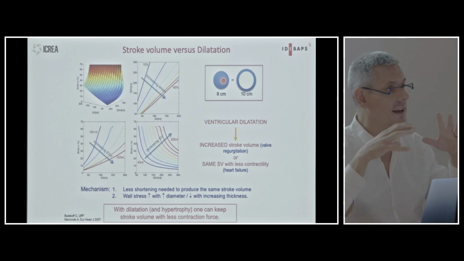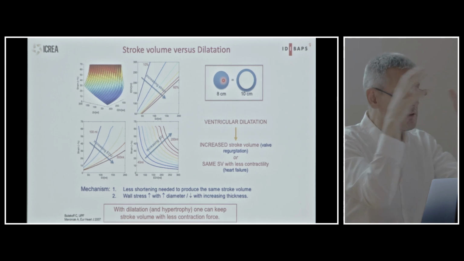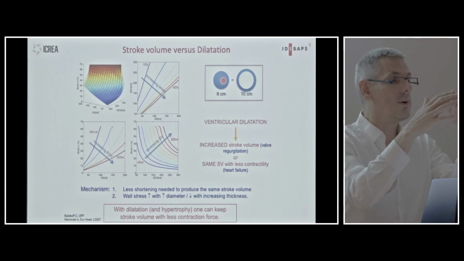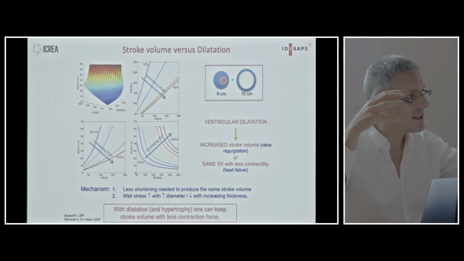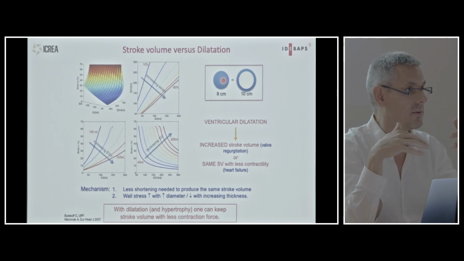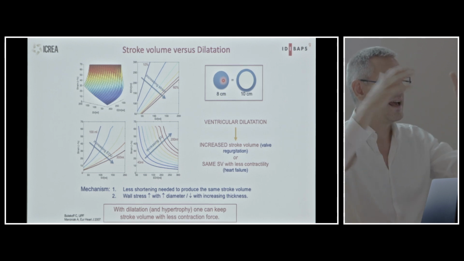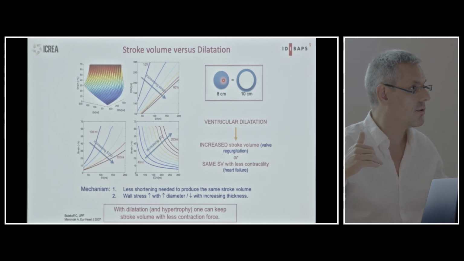The other way around, say that for whatever reason you have a problem with developing strain, say you have ischemia or something like that, or you have a systemic disease. What you now can do is, with a much larger ventricle but with less strain, generate still the same amount of stroke volume. If you dilate and you keep your strain, then you can increase your stroke volume.